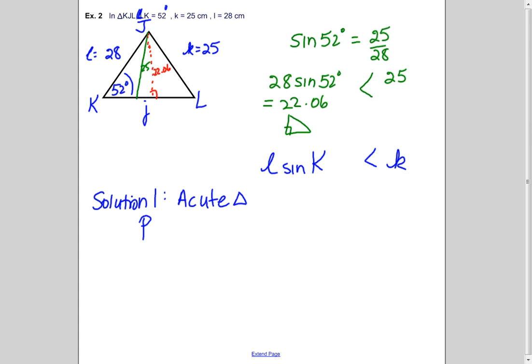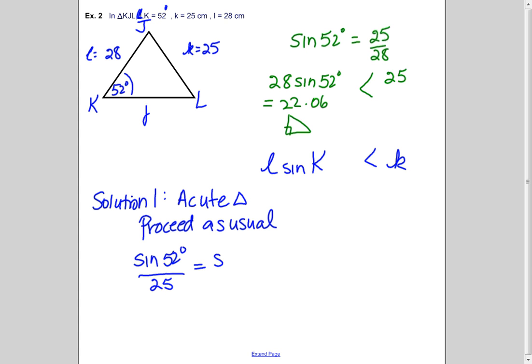We're going to proceed as usual, pretending we had no idea there's an ambiguous case to consider. So if I were going to solve triangle KJL with the lengths that I have, I would set up the sine law: sine of 52 over 25 equals sine of L over 28 equals sine of J over little j.